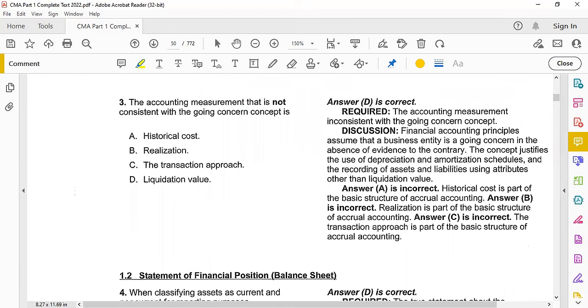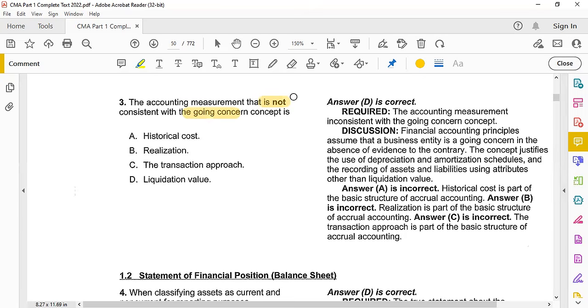Question number 2. Read it first. Which value we don't use to prepare the financial statement when your business is a going concern?